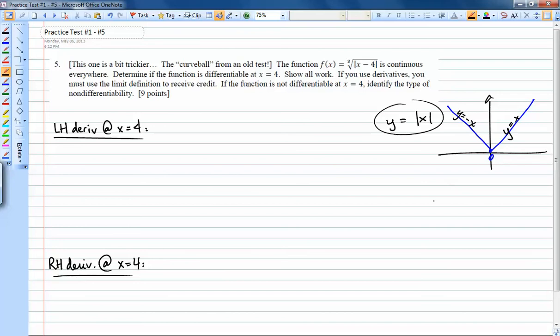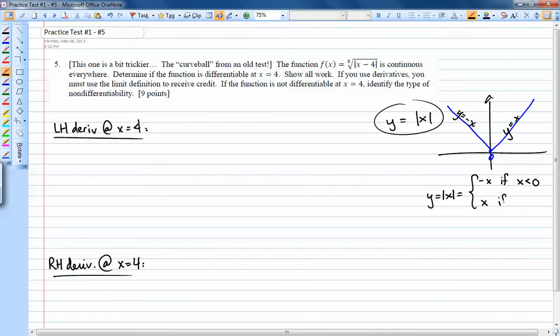So if we wrote out that piecewise function, absolute value of x, that's the same thing as saying it's negative x when x is on the left side of 0, and it's positive x when x is on the right side of 0. And then we need to assign 0 to something. So if I just do that, that takes care of it. I could have also done it with this one, but it doesn't matter.